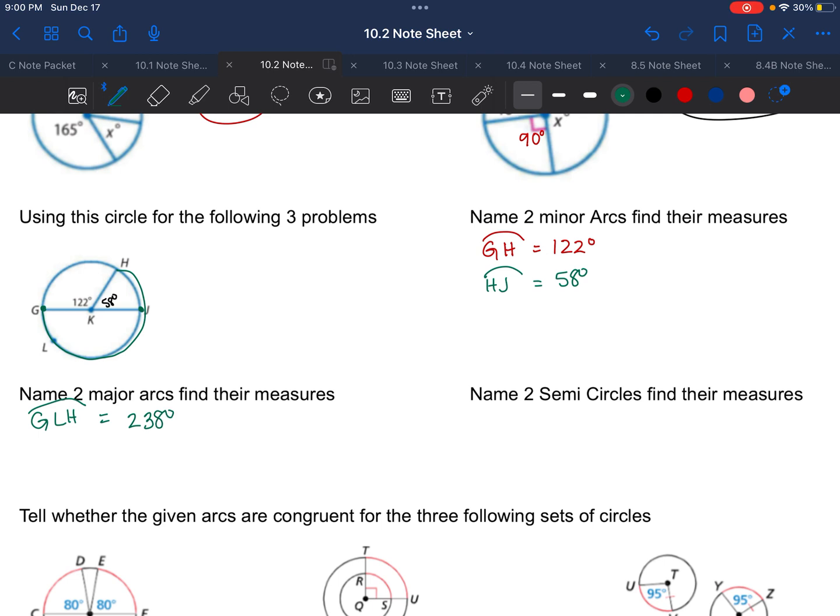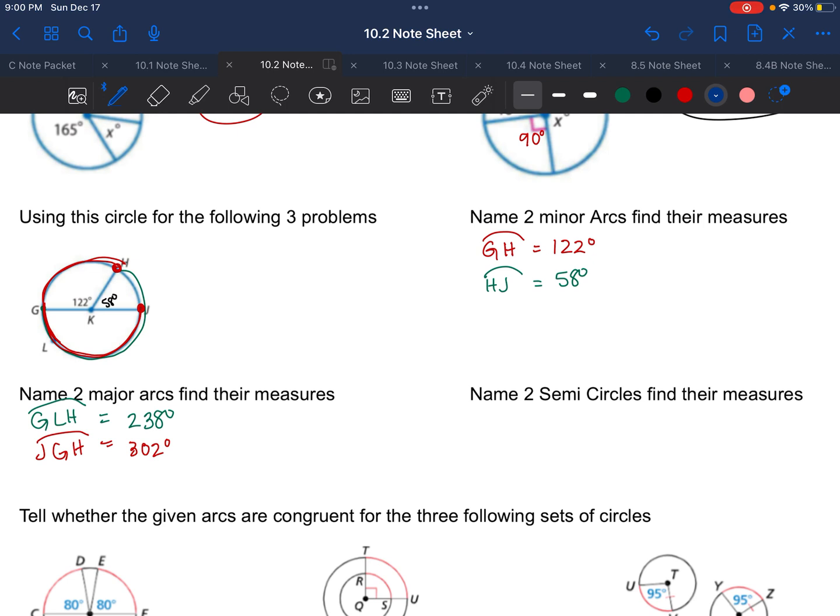And then I also see arc JGH. So if I go around this way, JGH in the red, that would be a major arc. That'd be JLG is 180 plus 122, or you can do 360 minus 58. You get 302 degrees.